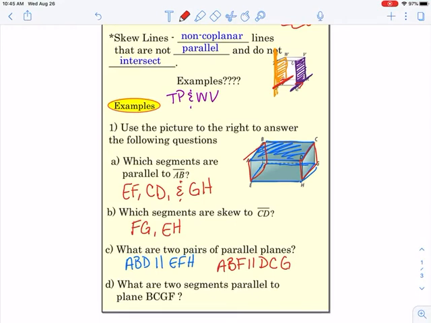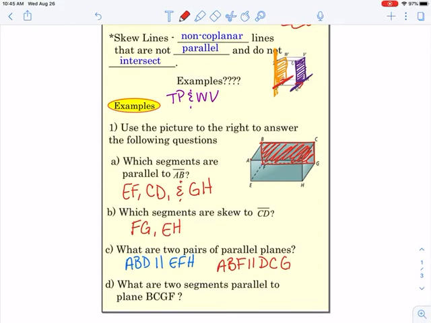And then the last question for this one, we want two segments that are parallel to plane BCGF. So again, let's try to clean that picture up quickly. And let's highlight the one that they're asking me about. So BCGF is going to be the back side of that box, or the top of that box, depending on, again, how your eyes play tricks on you.